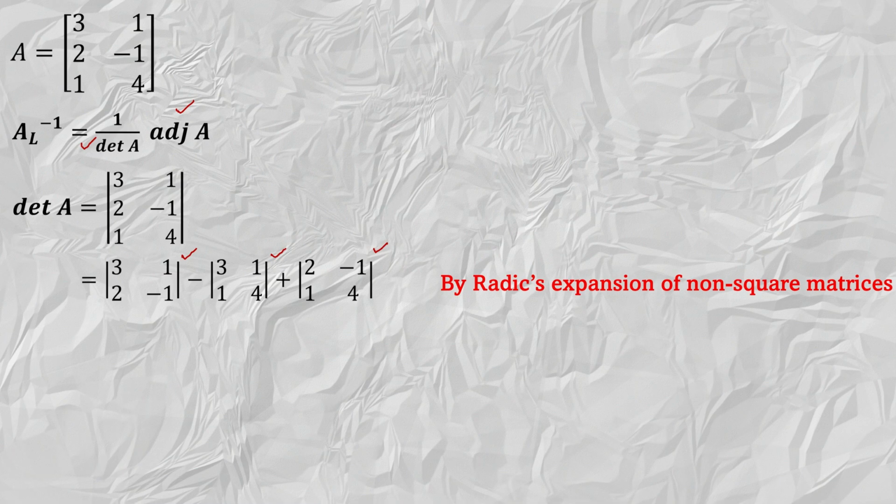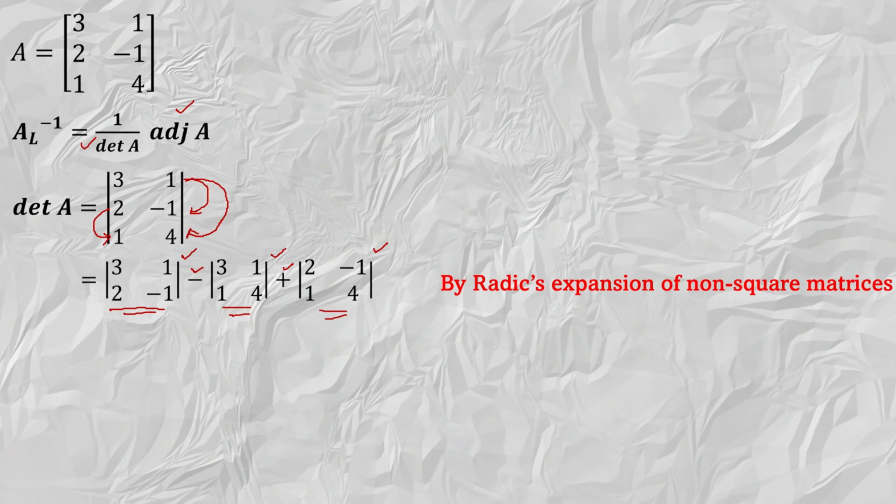We have associated row 1 with row 2 for the first 2 cross 2 determinant, minus first row is associated with the third row for the second 2 cross 2 determinant, plus second row has been associated with the third row to form the third 2 cross 2 determinant.